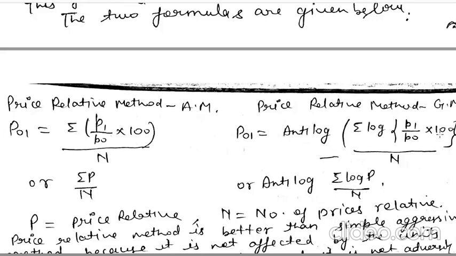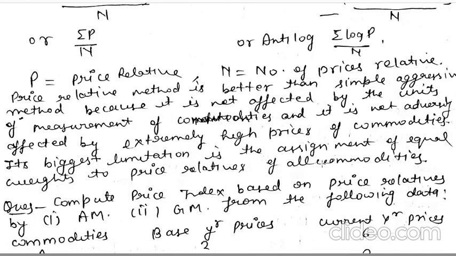So if you take log on both sides, it will be anti-log of summation log P1 upon P0 into 100, right? Now P is your price relative, N is equal to the number of price relatives.